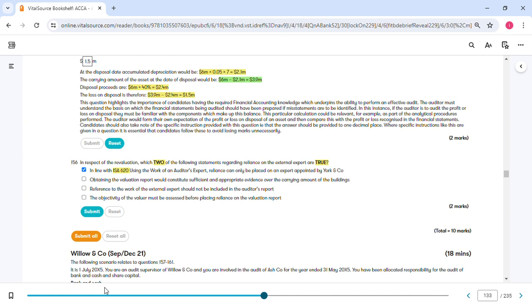Reference to the work of the external expert should not be included. So third one, sir, we can determine it. I will go for it. Why do you go for fourth? Tell me, I will agree with you. What is the reason for going for the fourth one?